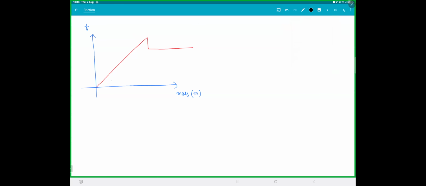So if I name these points, let's call this point O, let this be A, let this be B. So this is the scenario. From O to A, the block does not move. It does not have any relative motion.